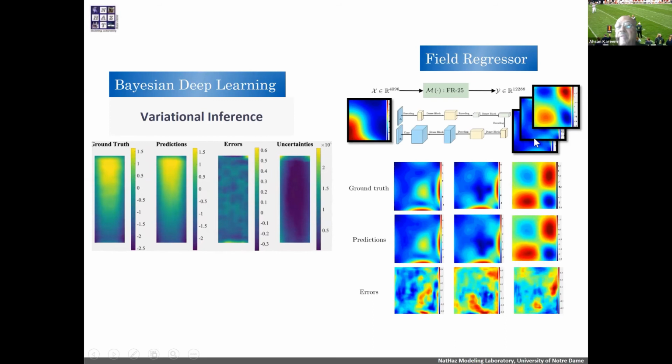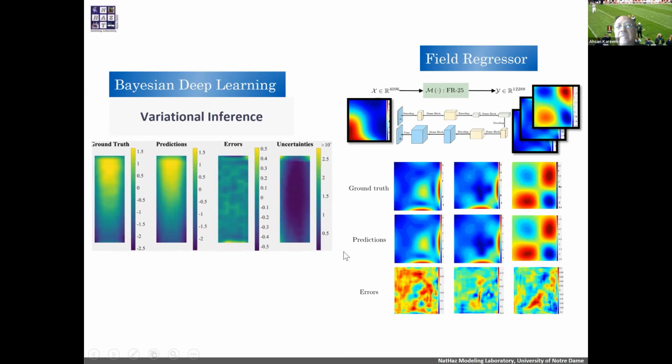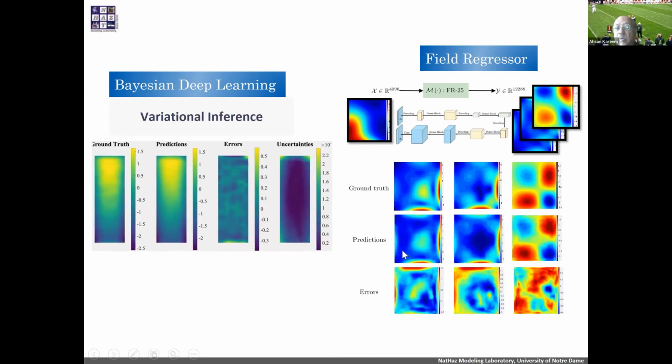One input could have multiple outputs. Here is a ground truth, and this is what we predicted using a field regressor, which again uses Bayesian deep learning and other machine learning tools. It also gives us the error in our representation. This particular example happens to be a plate bending under lateral pressure.